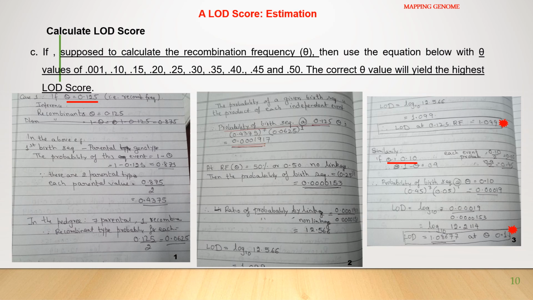This is the probability of the birth sequence if linkage happens at theta value 0.125.